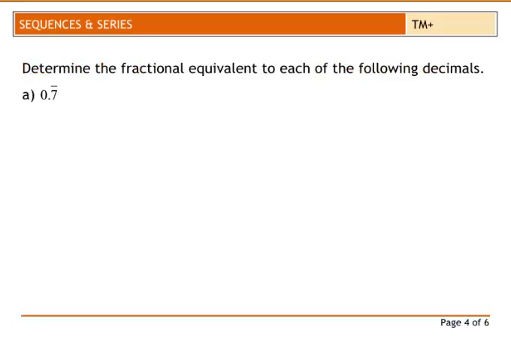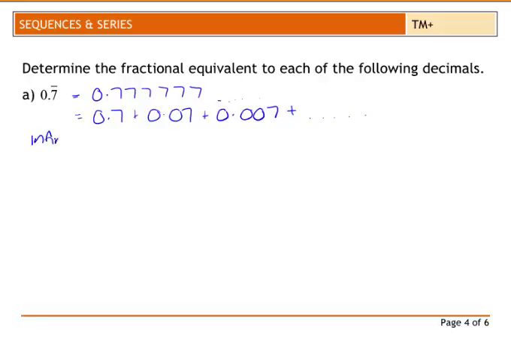My first example here is 0.7 recurring. So that's just 0.7777, it keeps going. I can rewrite that as 0.7 plus 0.07 plus 0.007 plus etc. So it's an infinite geometric series.